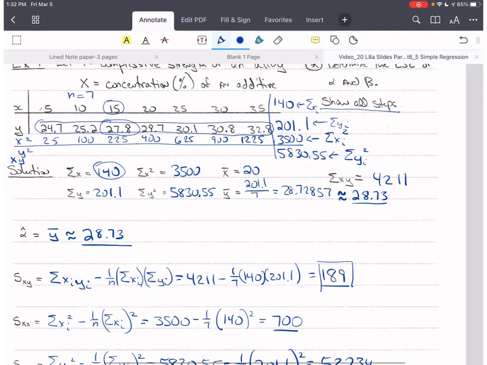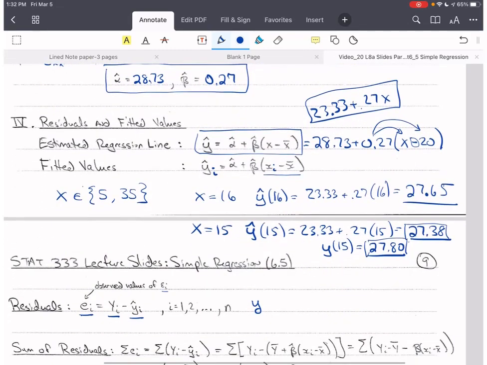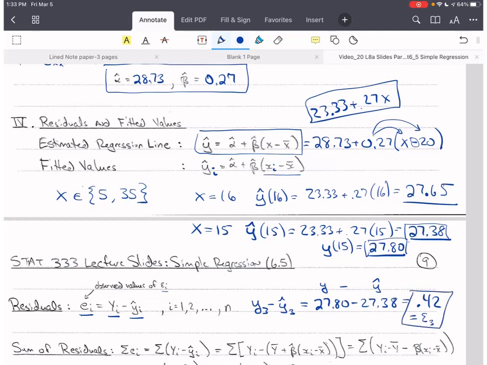And so I'm going to say y sub 3 minus y3 hat is equal to 27.80 minus 27.38. So this is y and this is y hat. We always take y minus y hat. Some of these are negative and some of these are positive. So this is going to be a positive residual, 27.8 minus 27.38, and that is 0.42. So this is e3, the third observation, the observed residual.